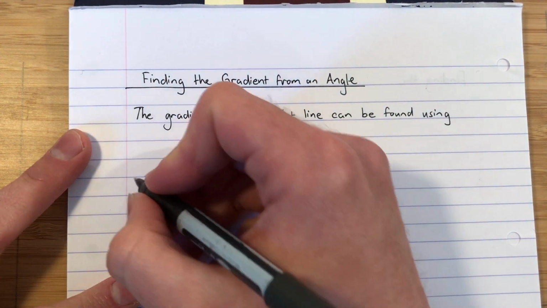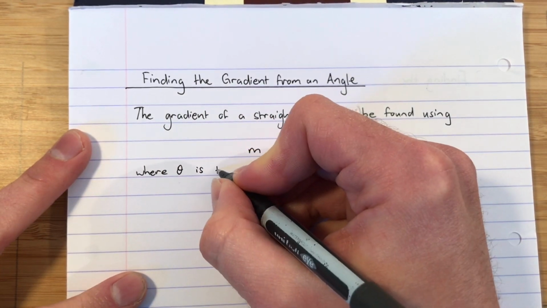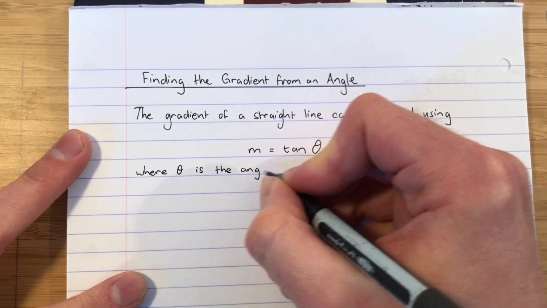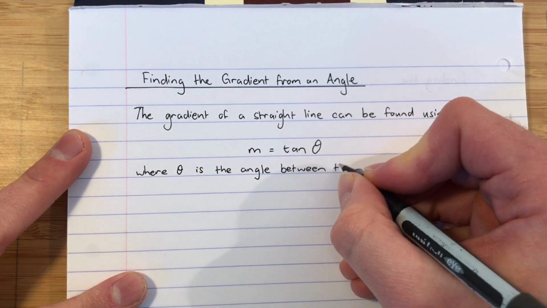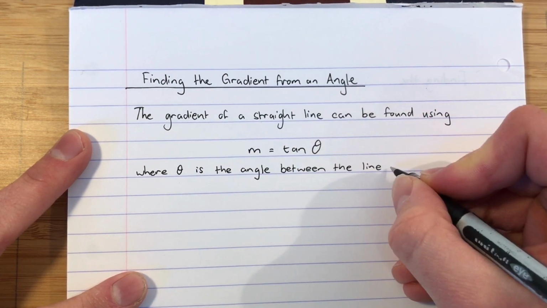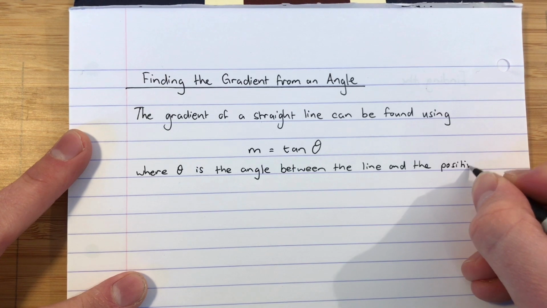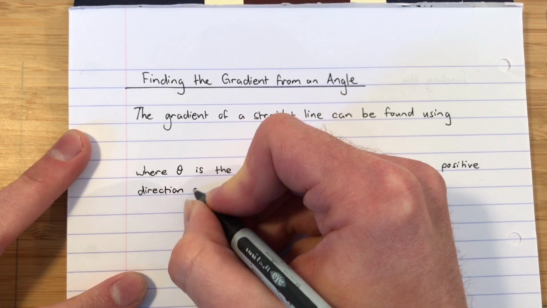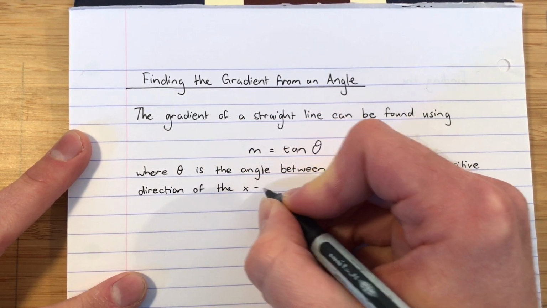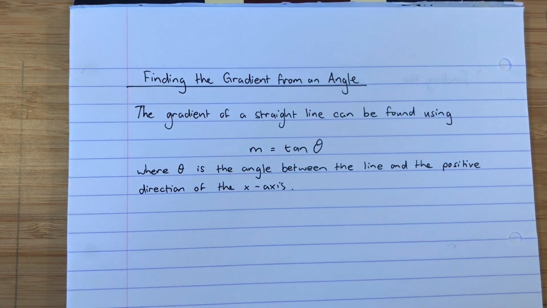And we better just clarify underneath where theta is the angle between the line and the positive direction of the x-axis. So m equals tan theta, where theta is the angle between the line and the positive direction of the x-axis.